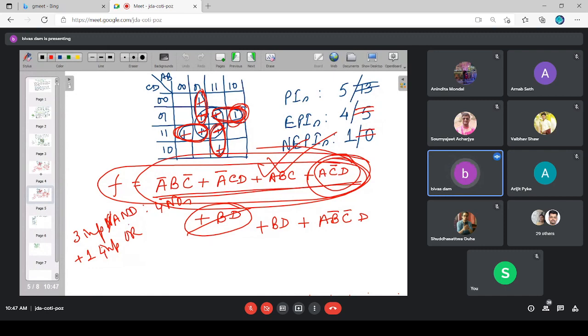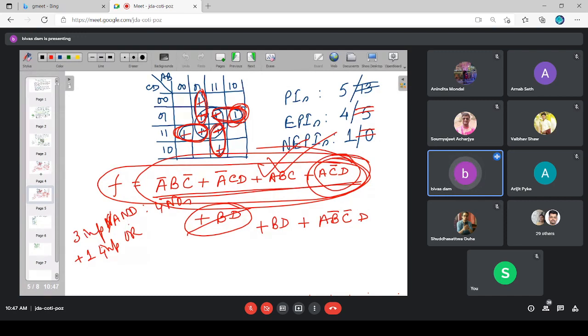In case all the essential PIs are unable to cover all the cells containing 1, then you have to take a judicious choice from amongst the non-essential PIs to include the leftover ones. Leftover ones means leftover after inclusion of the essential PIs.